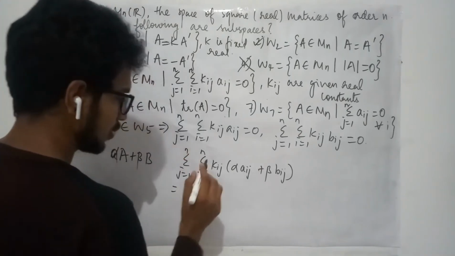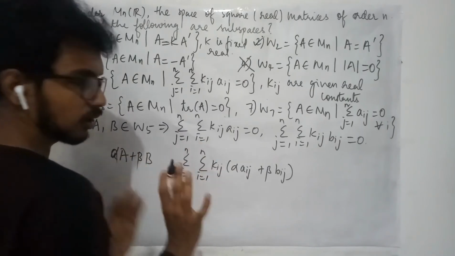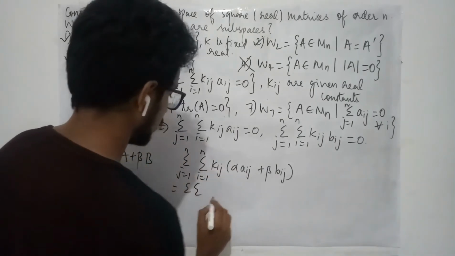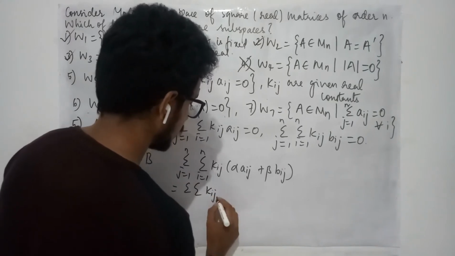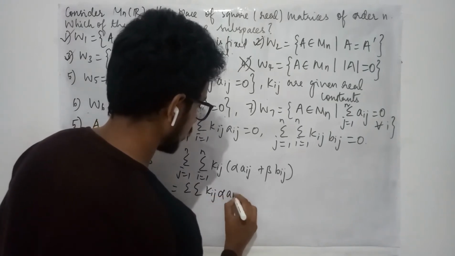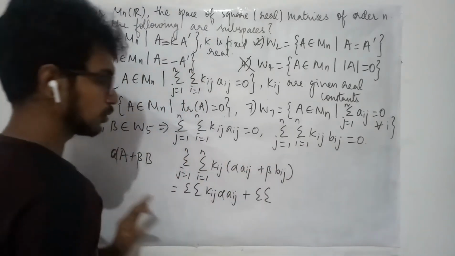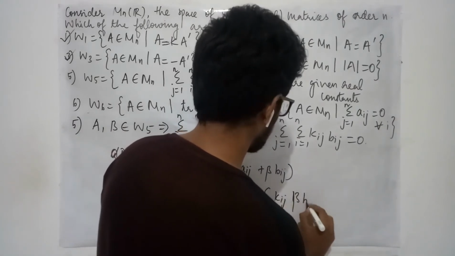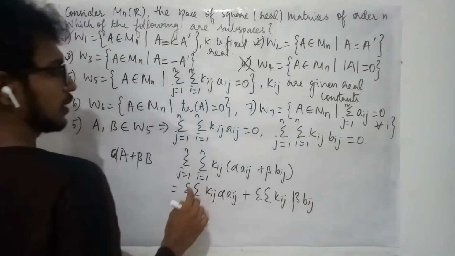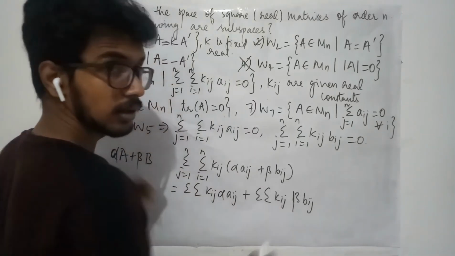So this summation, for convenience, let me write as the whole summation, right? And I may multiply this inside, right? Kij alpha aij plus, I am actually splitting this into two things, kij into beta bij. Here you can see this entry, this entry, this entry, all are real quantities.